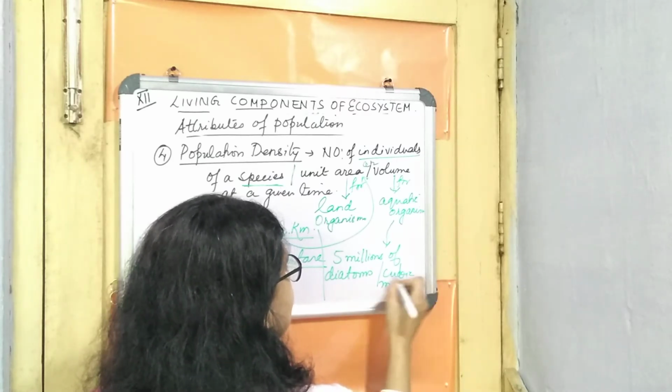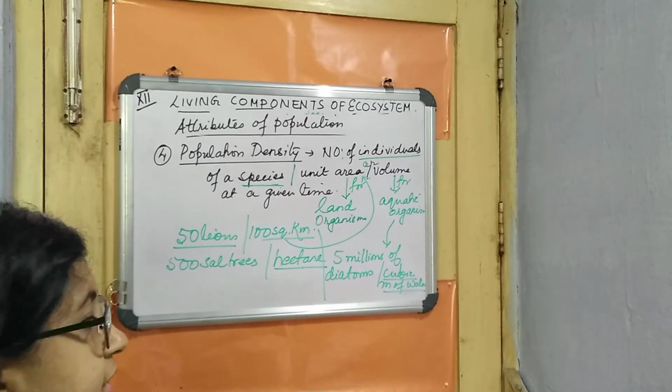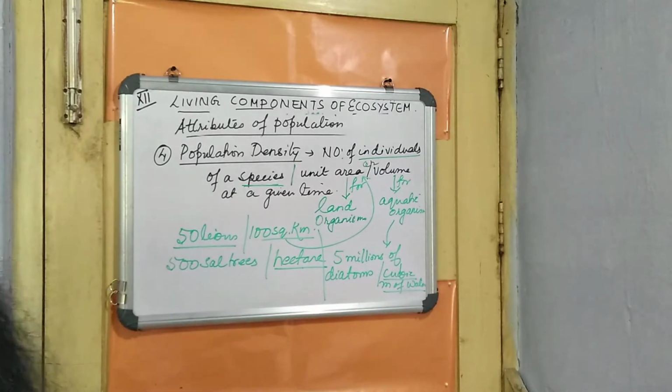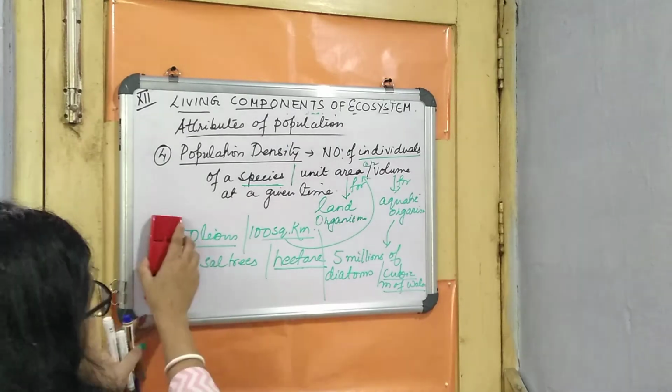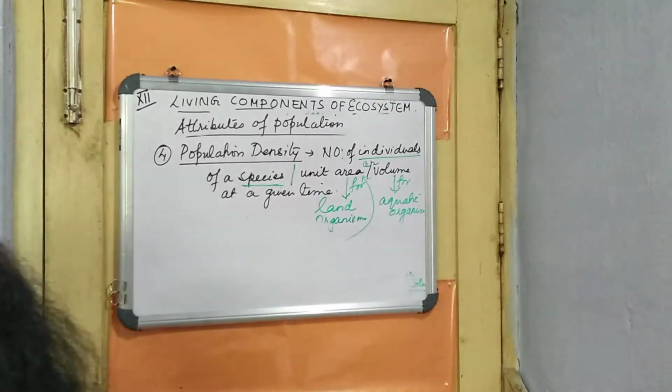So this is the volume. I hope it is clear what the area and the volume are and why we mention them. This is the example we can always give in case of population density.